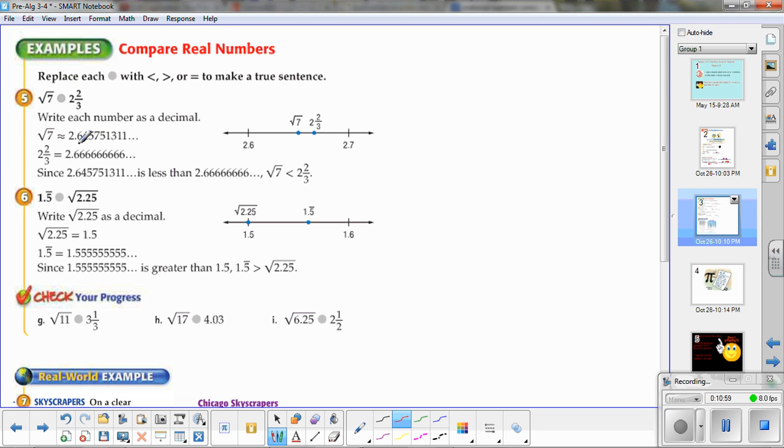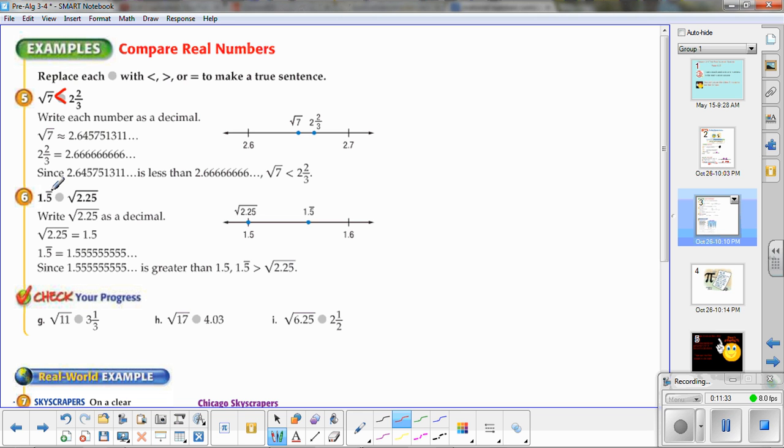So if I'm comparing these two decimals, 0.6 repeating is going to be bigger than 0.64. So when you go to graph those, here's 2.6, here's 2.7. Square root of 7 is going to be a little bit smaller than 2 2/3. So we're going to go ahead and put square root of 7 is less than 2 2/3.